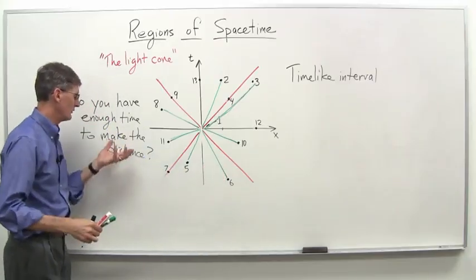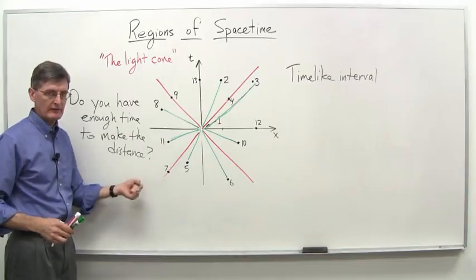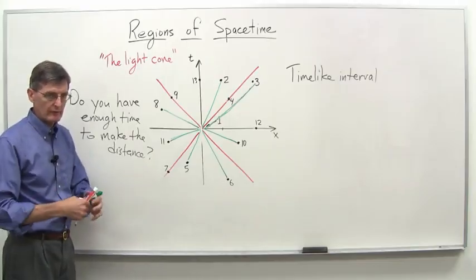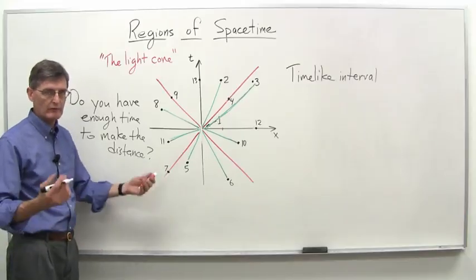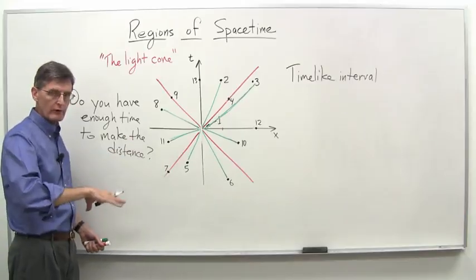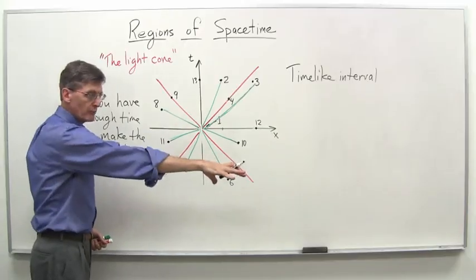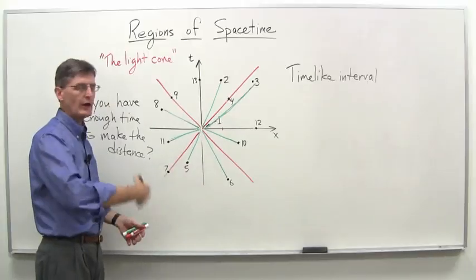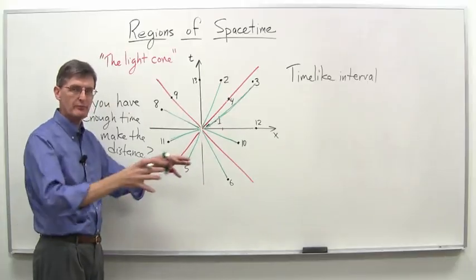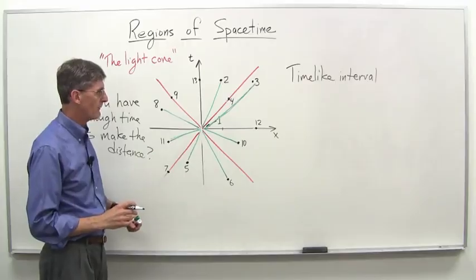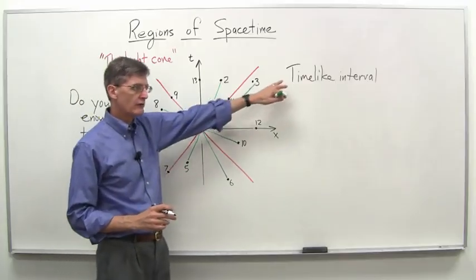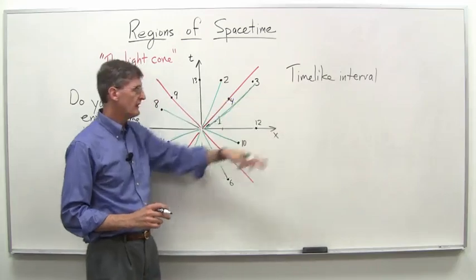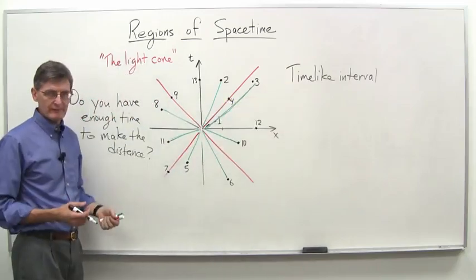So that's really what we're asking here. Do I have enough time to make that distance, given the parameters I'm dealing with, whether car or walking or however I'm going from one space to another point through time as well, because as maybe I'm walking, time is ticking on too. So I'm traveling through both space and time that way. And a time-like interval is such that, yes, you do have time to get there.